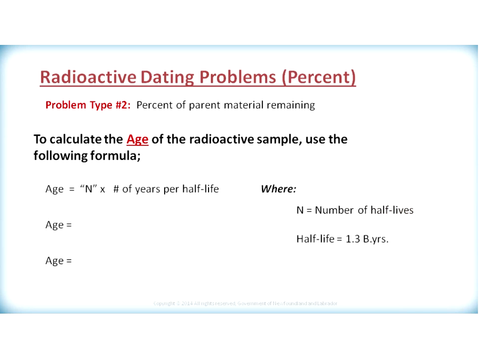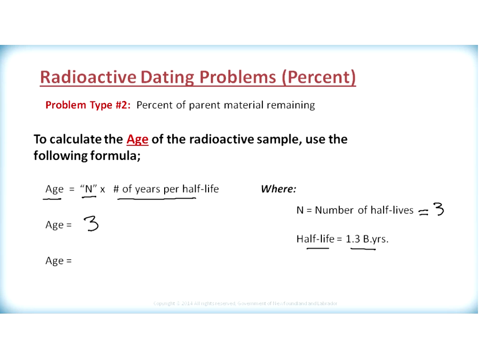To calculate the age of a radioactive sample, we use the following formula. The age equals the number of half-lives multiplied by the time it takes for one half-life. We know that the number of half-lives in our problem was 3, and the time it takes for one half-life is 1.3 billion years. So to calculate the age, we just substitute those values into our formula.